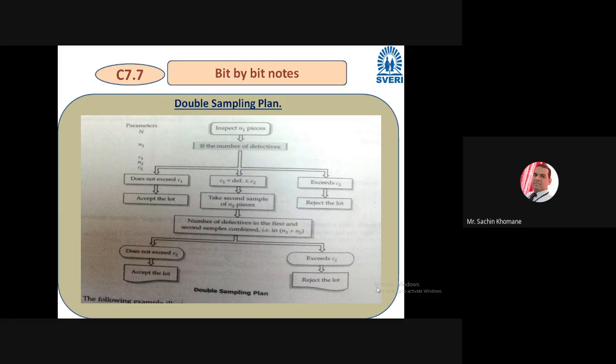Very common sense, right? So that is called a double sampling plan. So these are the two sampling plans.